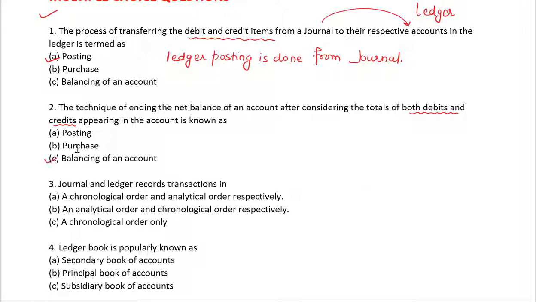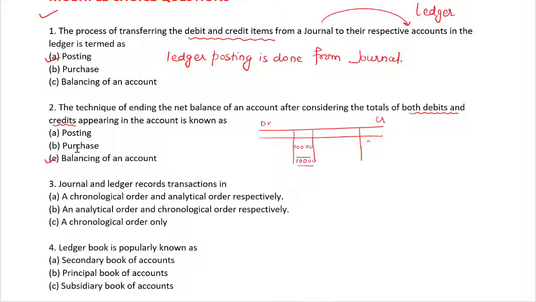It is balancing of an account, because in balancing of an account, this is an account, first of all, we make totals of debit and credit side, and where the total is big, that is, over here the total is 10,000, over here the total is 8,000.